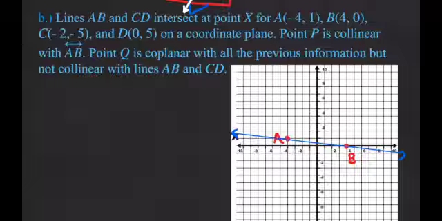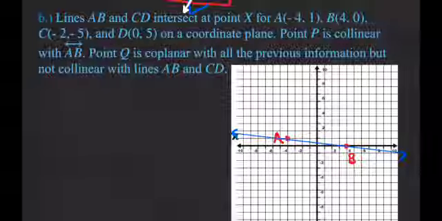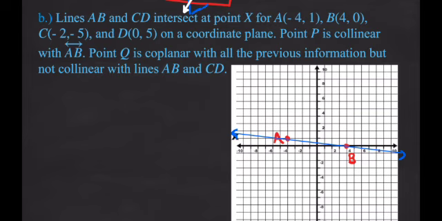Remember, lines go forever. We also have C is going to be at -2, -5. So this is going to be right here. This is C. And we have D is 0, 5. And let's connect those. Let's use pink for this. Make it extend to the end of the plane.